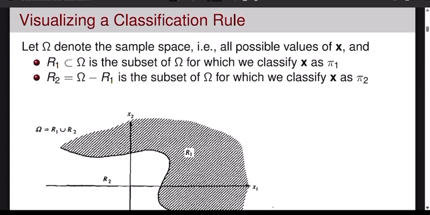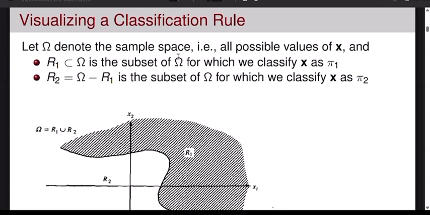Now, we're going to consider omega, which we call a sample space. What do I mean by a sample space? It's everything. Sample space means the collection of all possible outcomes. Now, we mean all possible values of x. That's what we mean.